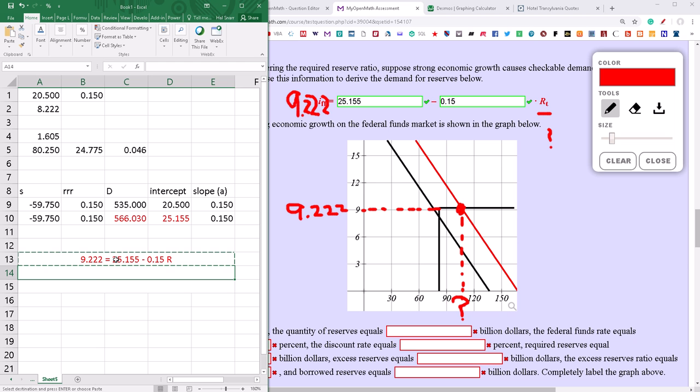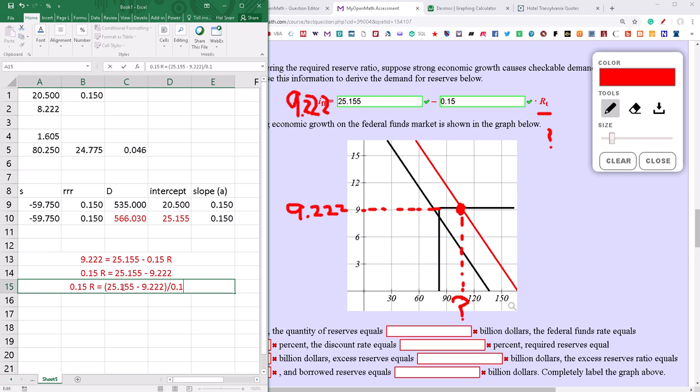I'm going to copy that and paste it down here. I'm going to add this to both sides. I'm going to subtract this from both sides. And then I'm going to divide both sides of this equation by the slope, 0.15. And then it'll give me what R is, right? So if I want to know what R is, all I got to do is delete the space in the R, and I get what R is. R is 106.220.